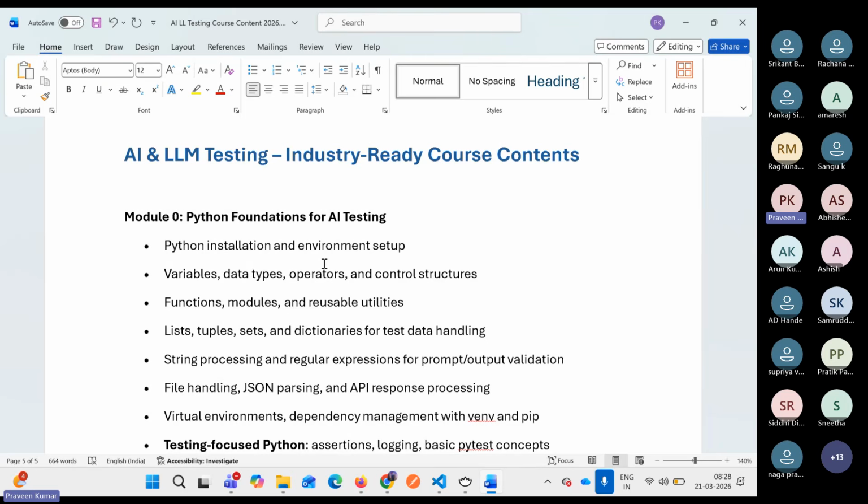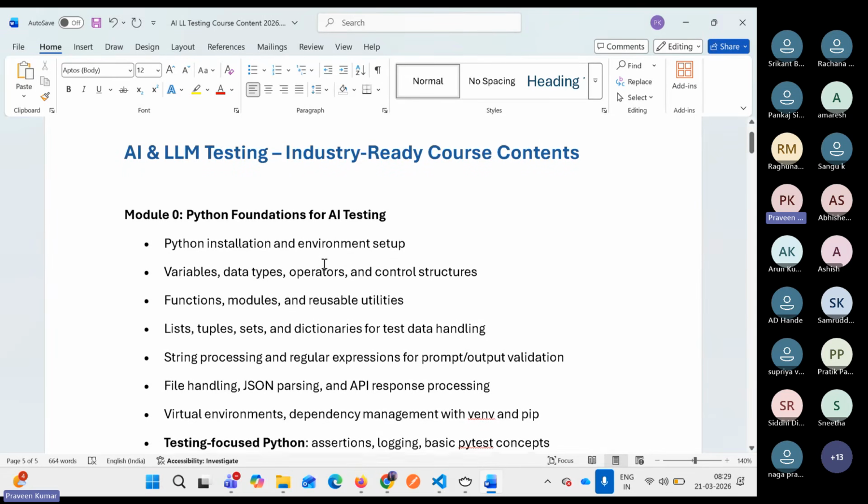So after going through this, provided you also practice, you will be in a situation where you can develop your own chatbot, your own agent, start developing a framework completely from scratch, start writing the test cases completely from scratch, and so on.